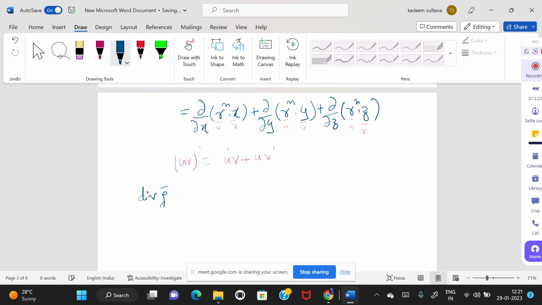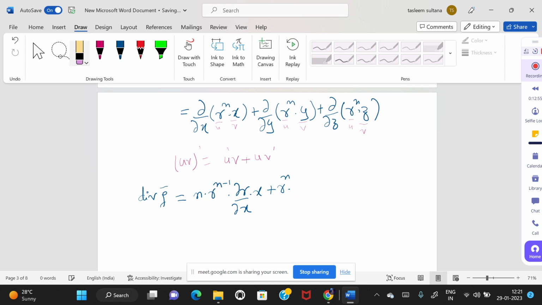Divergence of f vector equals n into r to the power of n minus 1 dou r by dou x into x, plus r to the power of n into dou x by dou x. Directly I can write it equals 1 now. Directly I'll write it as 1 instead of writing this first step.